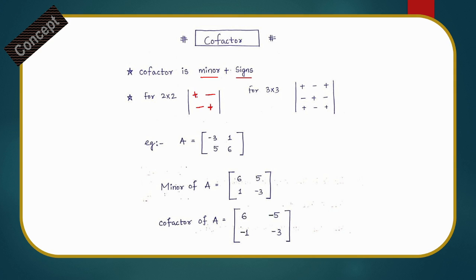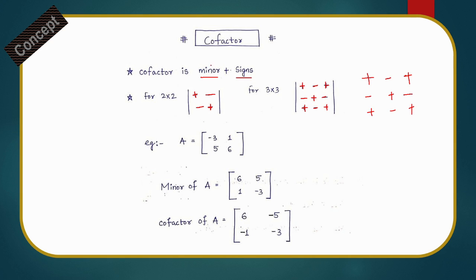For a 3 cross 3 determinant, the first row is plus minus plus, the second row is minus plus minus, and the third row is plus minus plus.